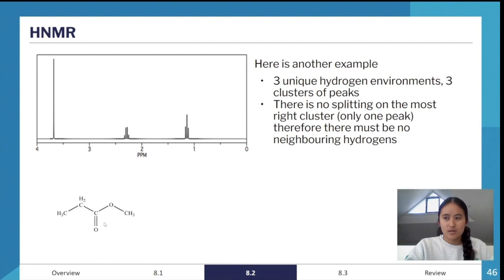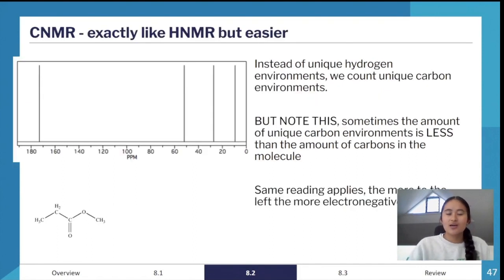So overall, this one has no neighboring hydrogen environments because it connects straight to an O, which connects straight to a C, and it has no hydrogens anywhere near there except for on that unique environment. So that singlet has to correspond with this group here. Hopefully that has made some sense, because splitting is a bit confusing, but as we do more practice, it'll make more sense. So now onto CNMR, which has no splitting, thank goodness.